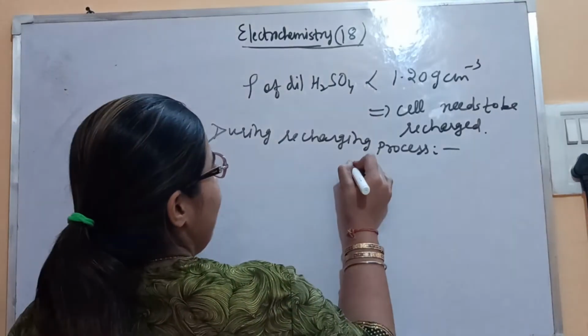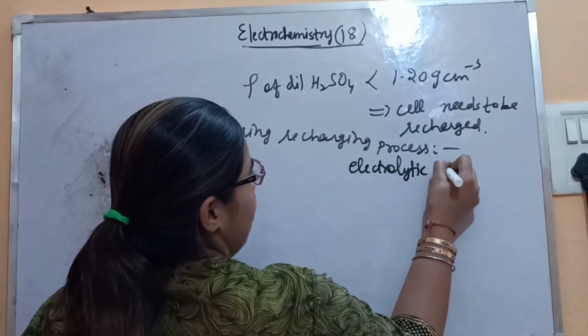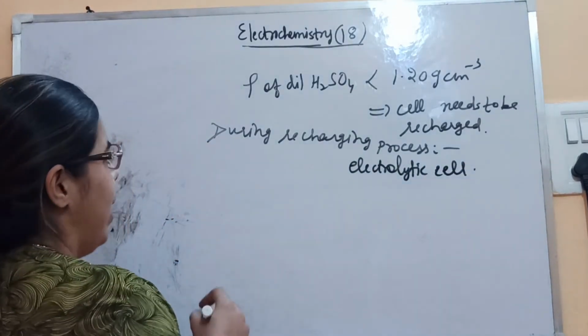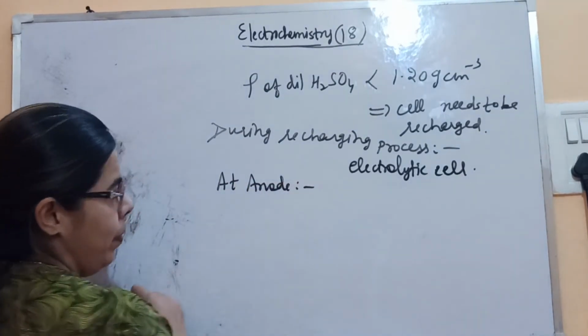So now this cell will act as an electrolytic cell because external voltage is required. So now the cell reactions will get reversed. At the anode, what will happen now?